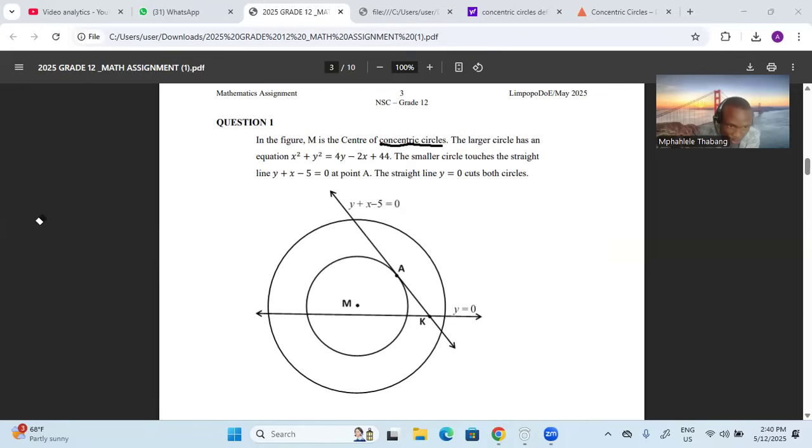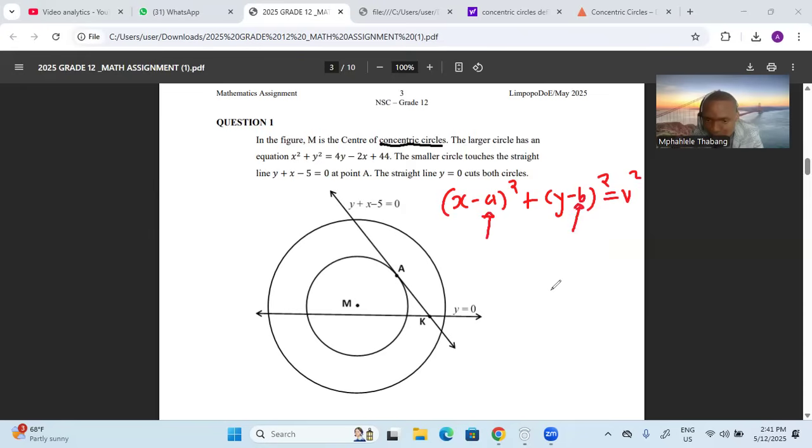The equation of a circle can be in this form: x minus a squared plus y minus b squared equals r squared. So the equation of a circle can be in a form whereby you are able to identify the coordinates of the center of the circle. In this case, a and b represent the coordinates of the center of the circle.